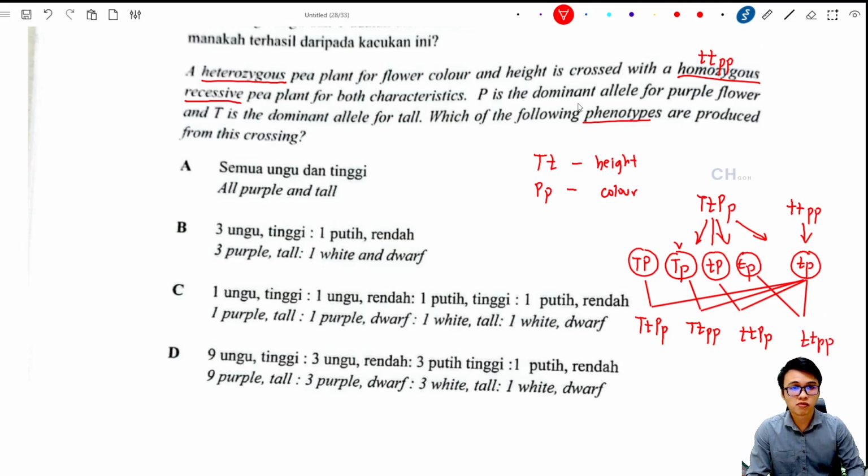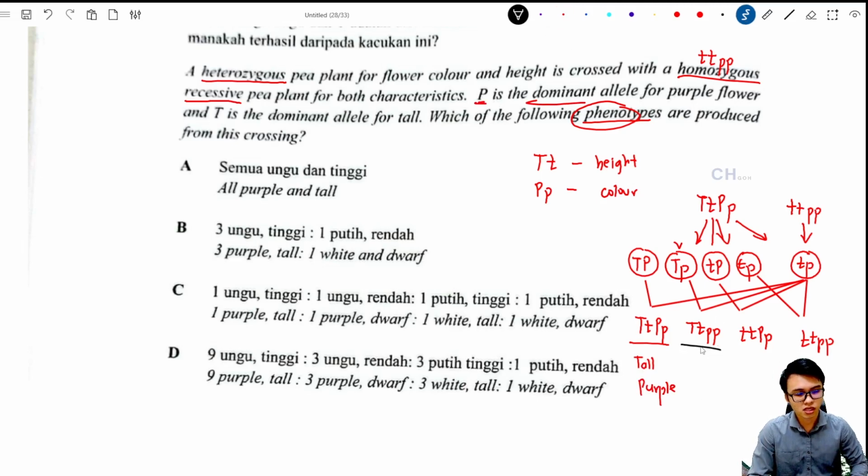So based on the question, they want us to find out the phenotype. Okay, this one, tall and purple. Why purple? Because dominant allele is big P, correct or not? How about this one? Tall, but the color for the other one they didn't mention. We look at the options here, it is white. Okay, putih. So white lah, white.